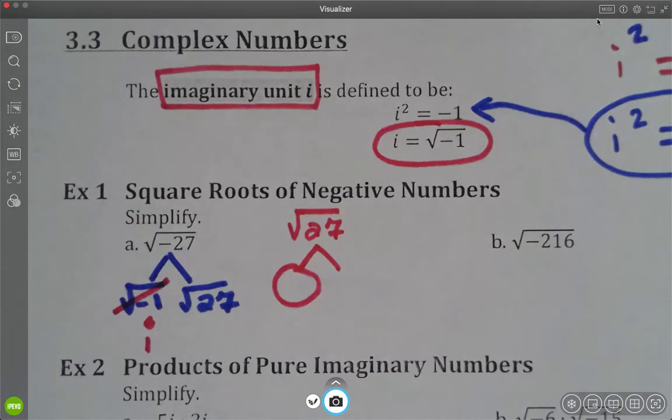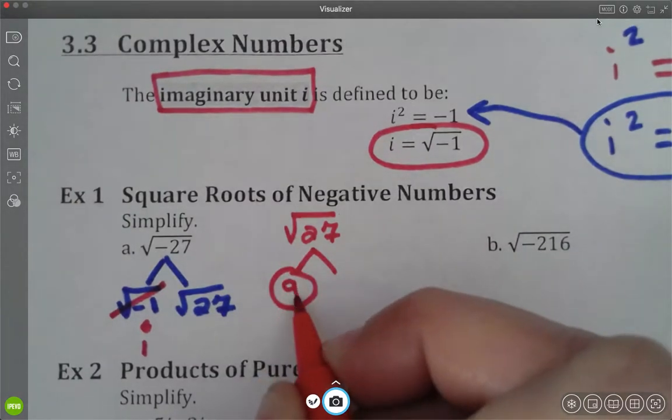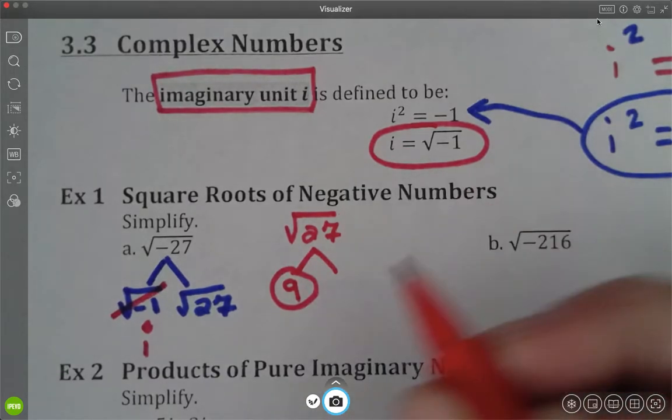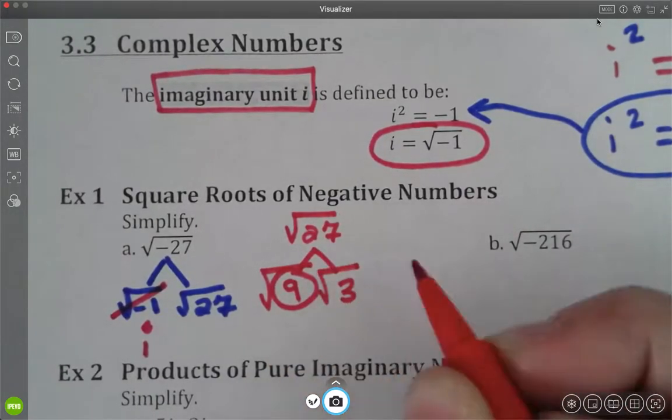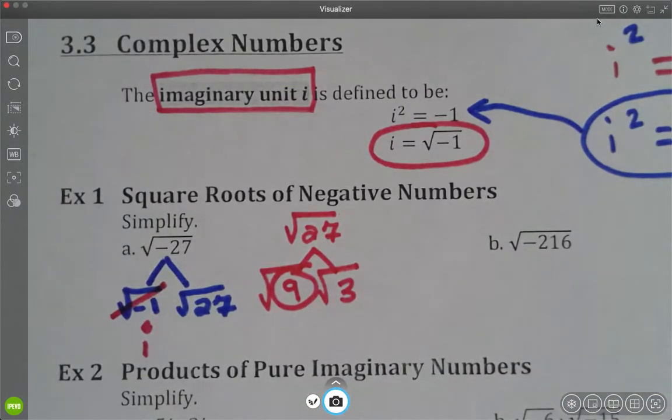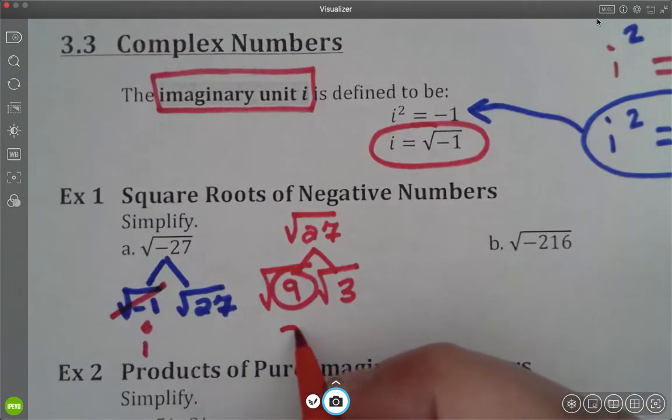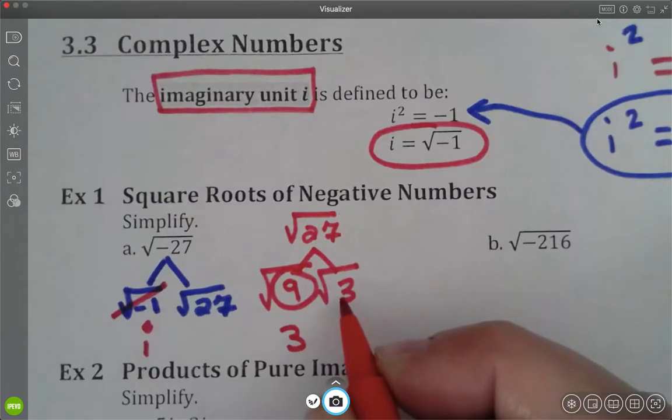What goes into 27 and I can take the perfect square root of? 9. So what I do is I separate this guy out into 9 and 3, right? The square root of 9 times the square root of 3 will make the square root of 27. Agreed? But what is the square root of 9? 3. The square root of 9 is 3, and the square root of 3 here doesn't come out nicely.